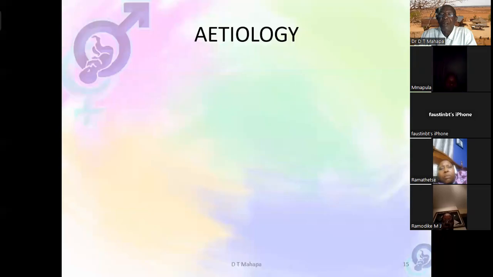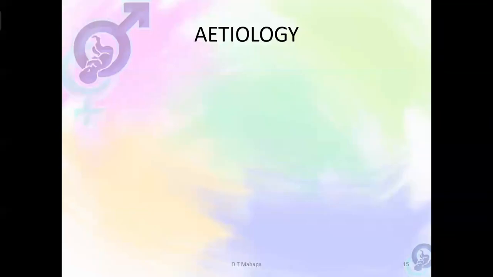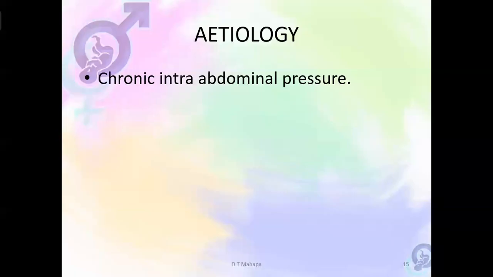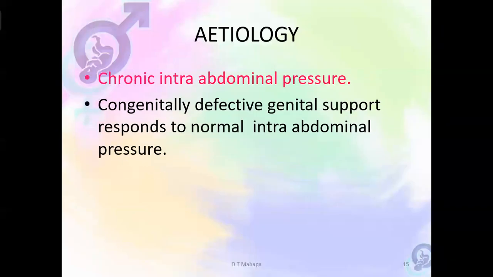The etiology of pelvic organ prolapse is chronic intra-abdominal pressure. During pregnancy you've got chronic intra-abdominal pressure for 9 months, but there are other conditions that can cause chronic intra-abdominal pressure, like fibroid uterus, coughing, straining, doing heavy manual work, or some people with congenital defective genital support, like Ehlers-Danlos syndrome and Marfan syndrome.